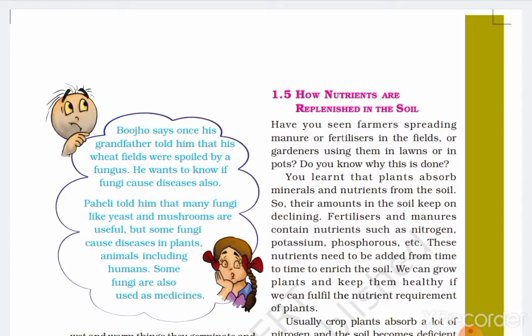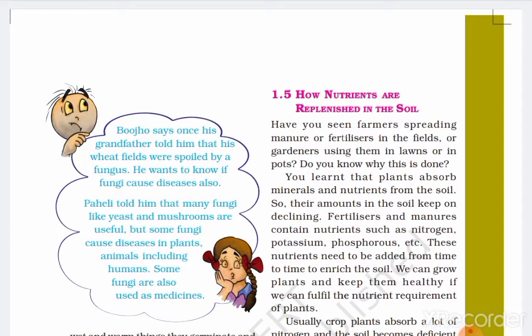Have you seen farmers spreading manure or fertilizer in the field, or gardeners using them in lawns or in pots? Do you know why this is done? You learned that plants absorb minerals and nutrients from the soil, so their amount in the soil keeps on declining.